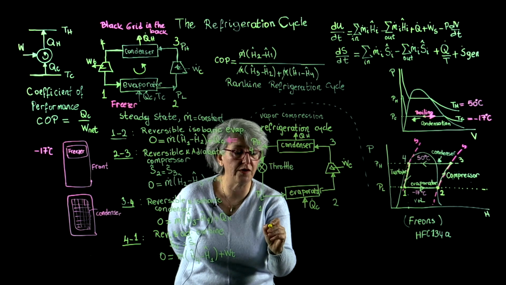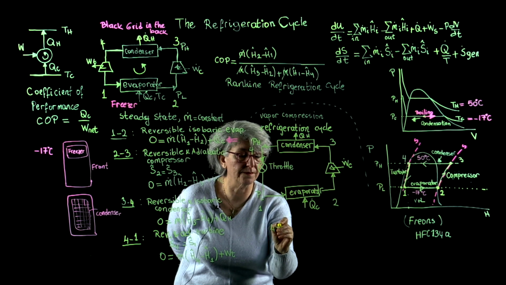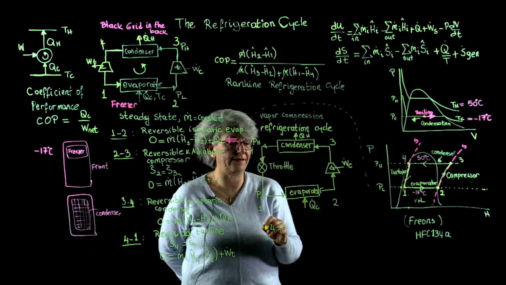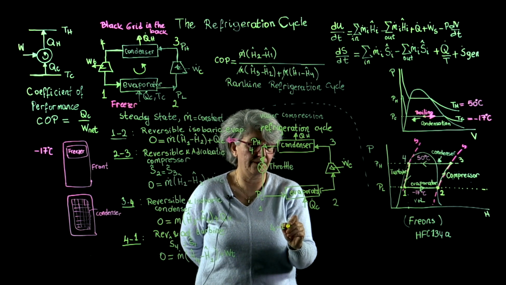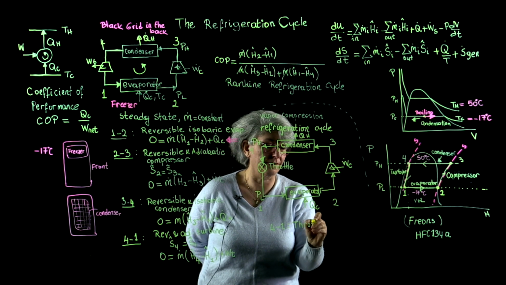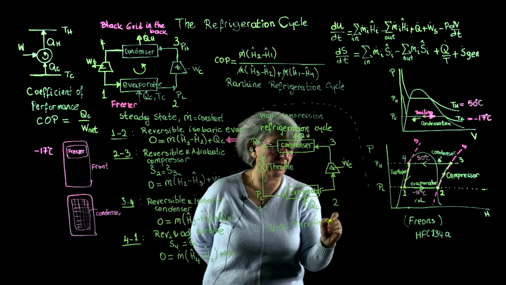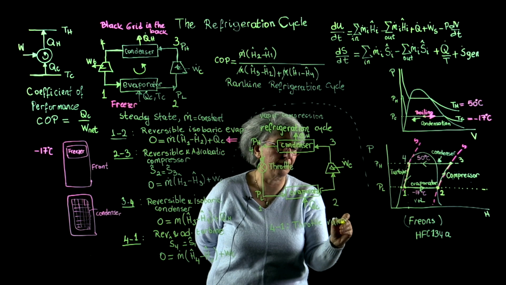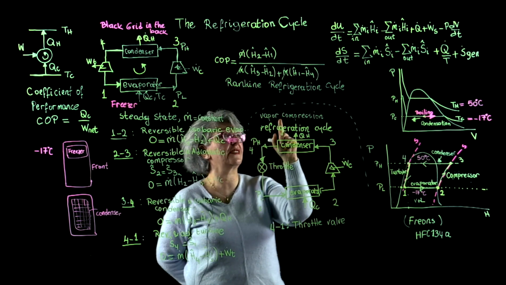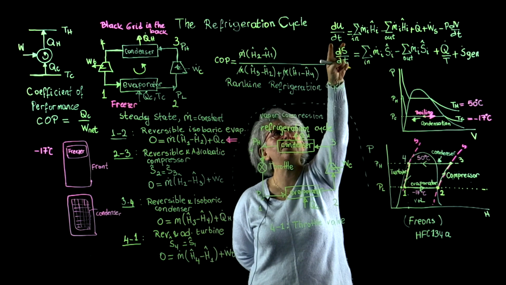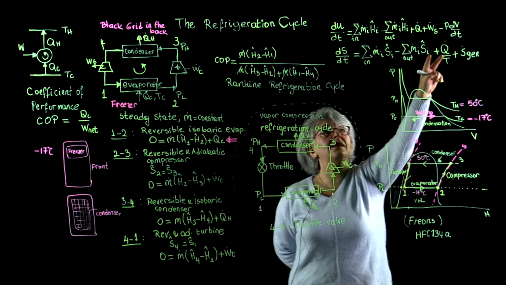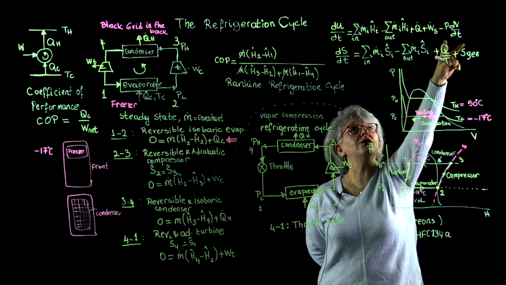So between points 4 and 1, I have a throttle valve, and in that throttle valve, the process is at steady state. This term disappears. The valve is rigid. I don't have this term.